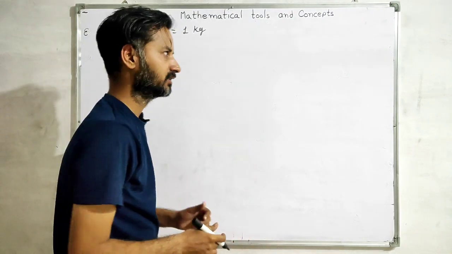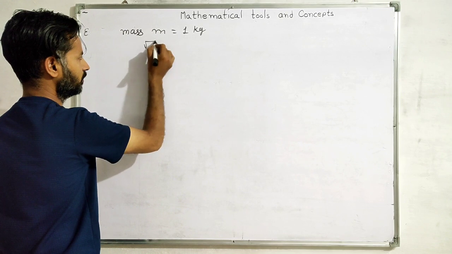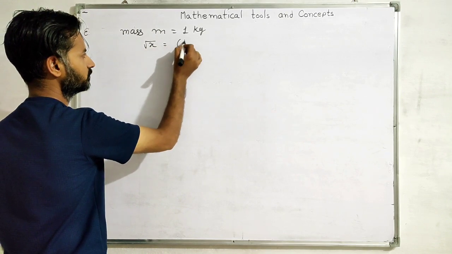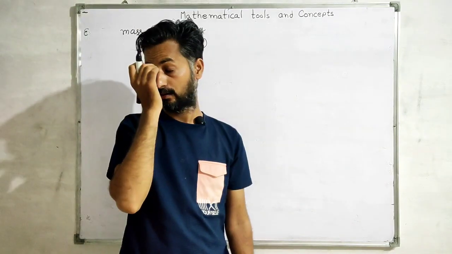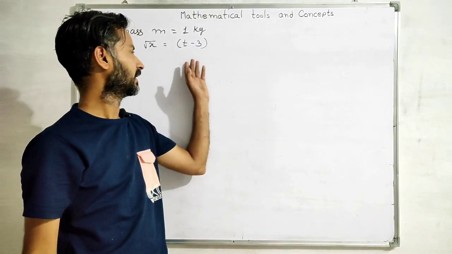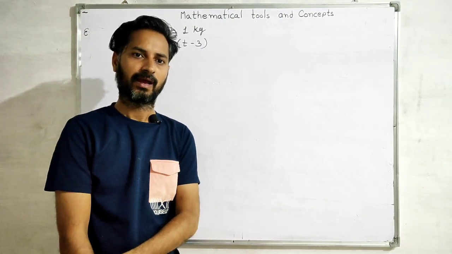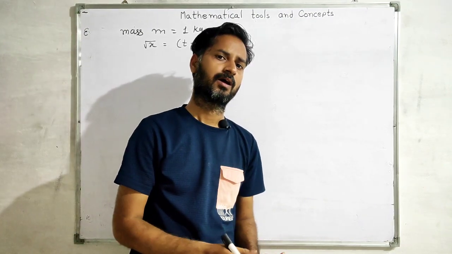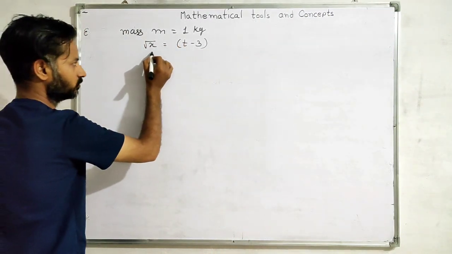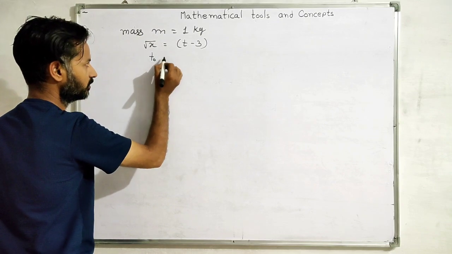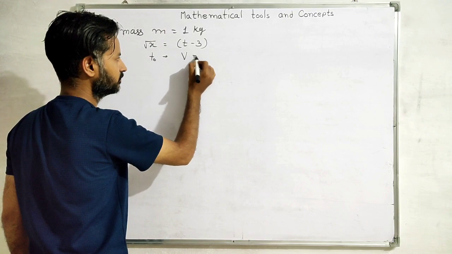The function of position with respect to time is given as √x = t − 3, where t is in seconds and x is in meters. We want to know when the object comes to rest, the time t₀ when it comes to rest, so its velocity v becomes 0.